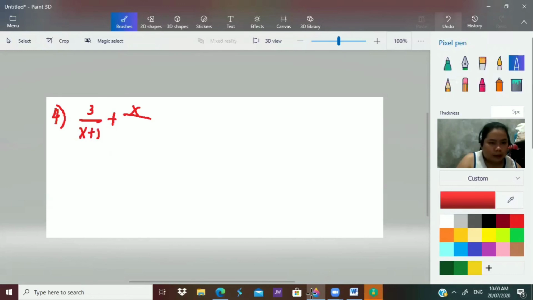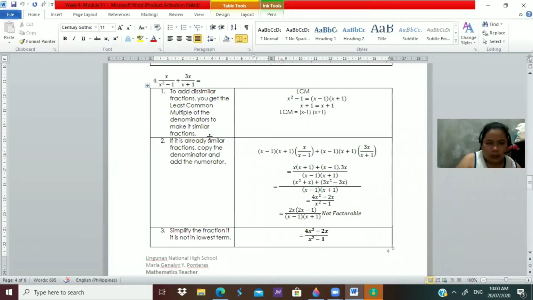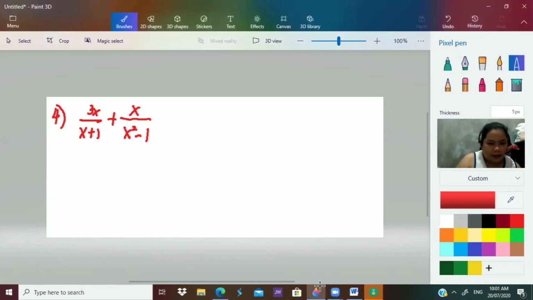x/x² minus 1. Tapos ito 3x. 3x/x+1. Okay, tama. Yan. So, sa addition, hindi matter ang position ng addends. Okay?